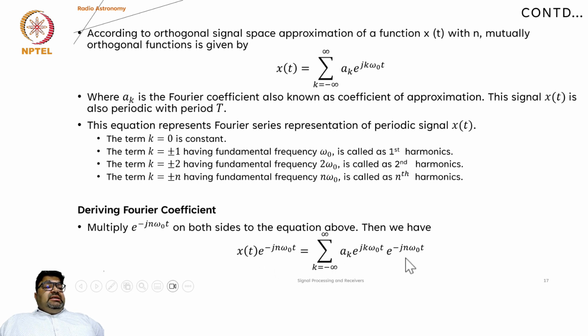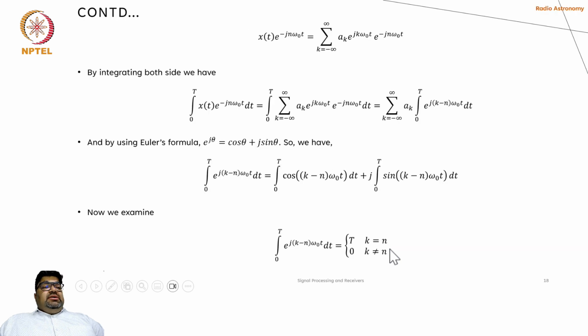You simply multiply both sides by e to the power minus j n omega naught t, and then you do an integral on both sides from 0 to capital T. On the left hand side, this thing remains as it is. On the right hand side, you can see that a k and the sum are a function of k and not t, so they come out of the integral, leaving inside the integral e to the power j k minus n omega naught t.